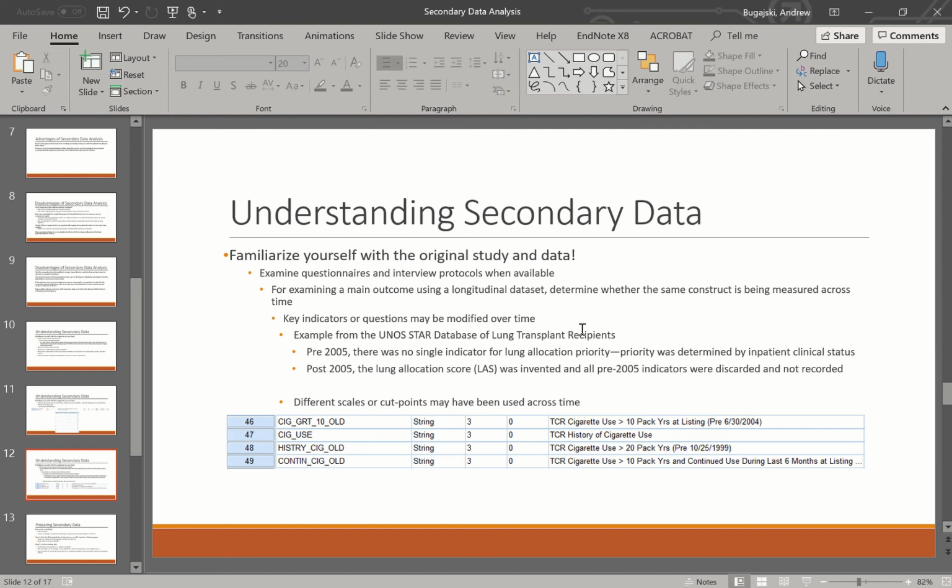So prior to 2005, there was no single indicator for lung allocation priority. So they didn't really have a set system of who got a lung when and in what priority for those on the wait list. In 2005, some scientists made a lung allocation score.